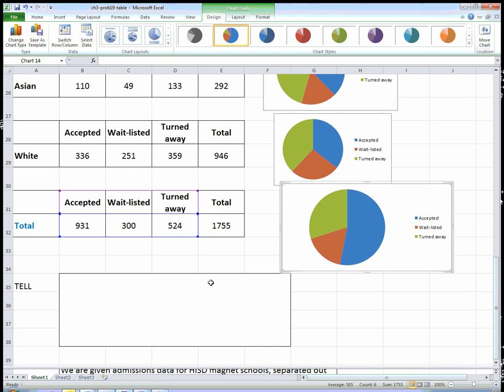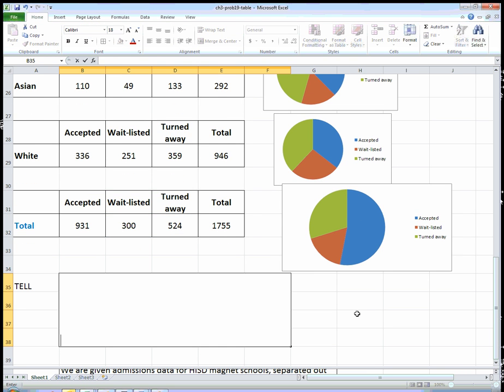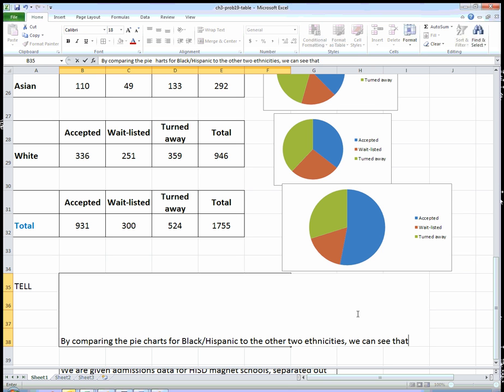Okay, so, tell. By comparing the pie charts for Black and Hispanic to the other two ethnicities, we can see that the decision is dependent on ethnicity.